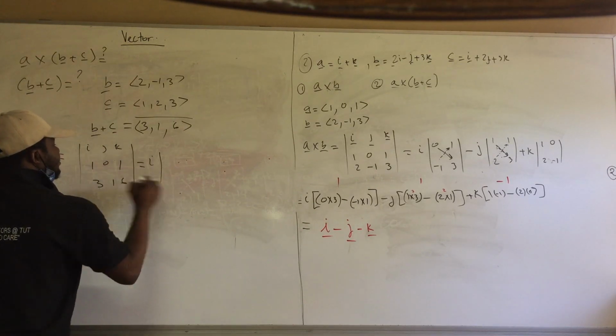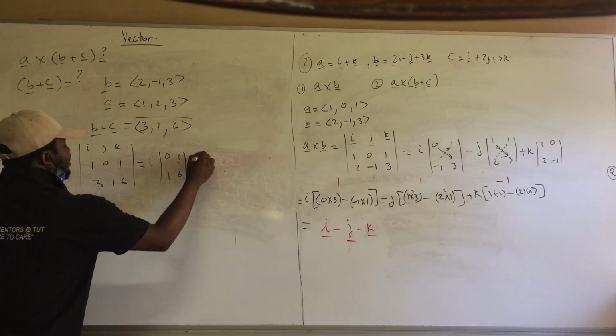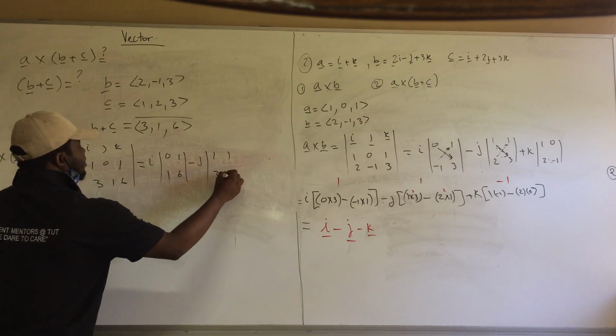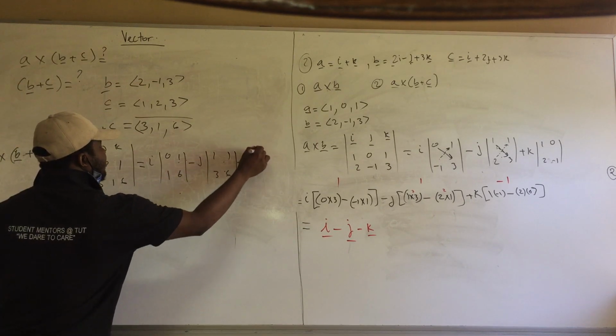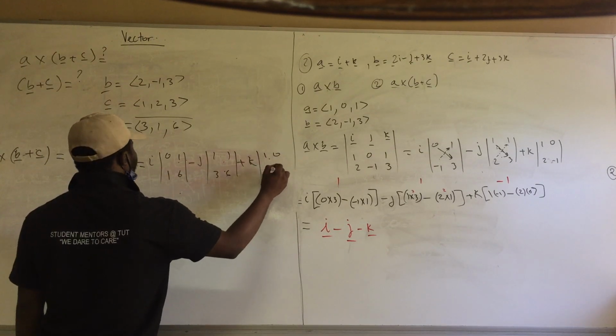It will be I times 0, 1, minus 1, 6, minus J times 1, 1, 3, 6, and plus K times 1, 0, 3, minus 1.